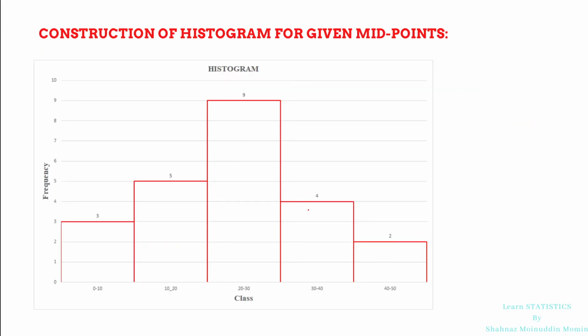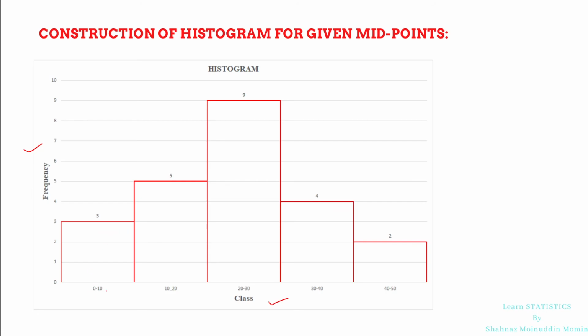So I have taken the classes along the x-axis as 0 to 10, 10 to 20, 20 to 30, like that, 40, 50, and the corresponding frequencies along the y-axis. Then erect rectangles with height proportional to the frequency of that class.